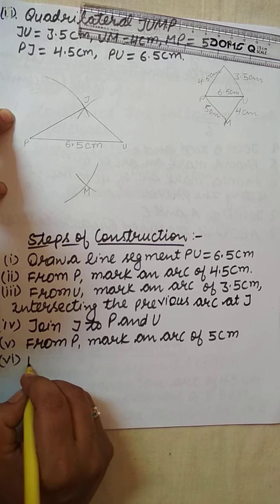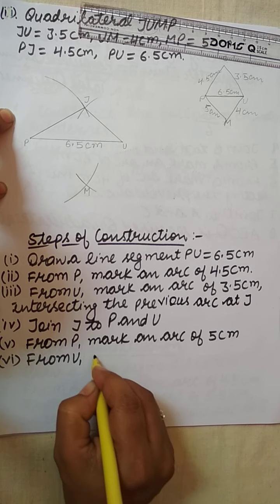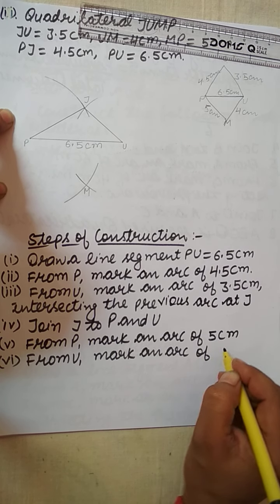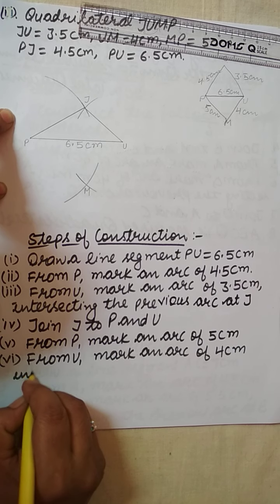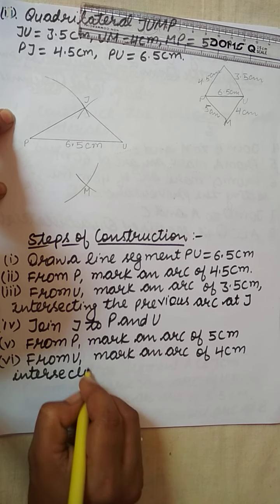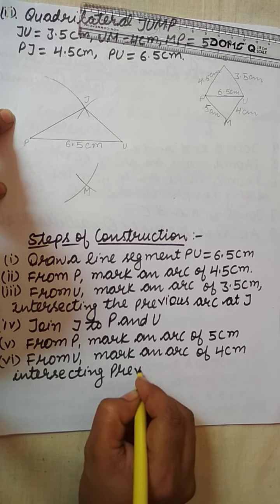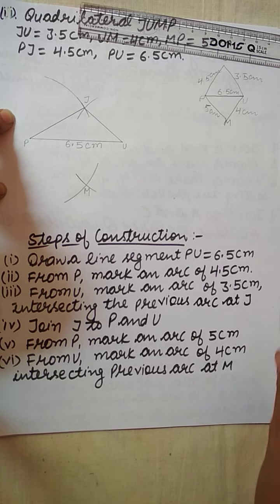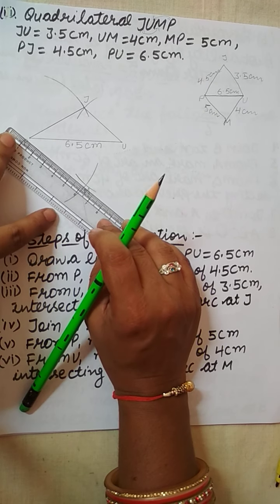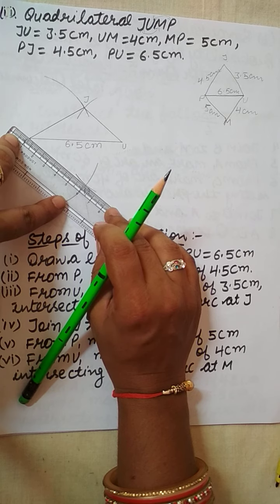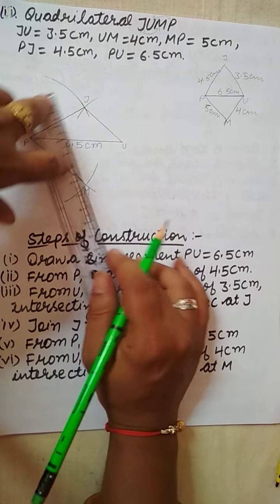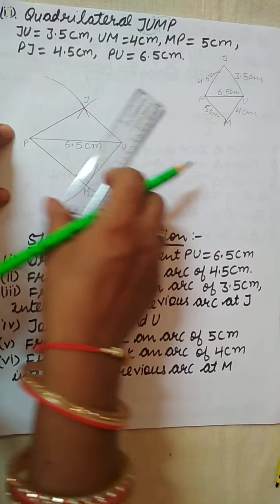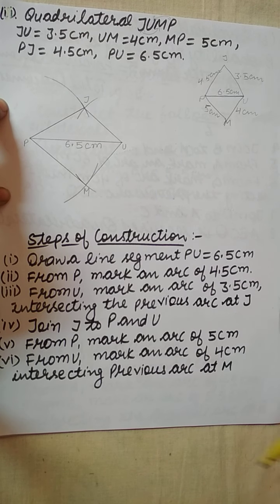Sixth step of construction is from U mark an arc of 4 centimeter intersecting the previous arc at M. Now join M to P and J, and also write the step of construction.